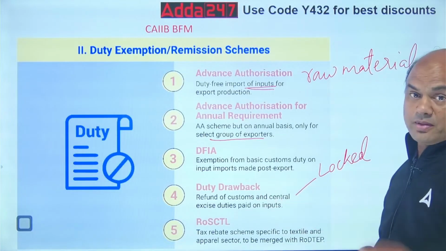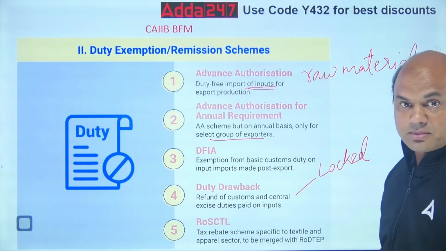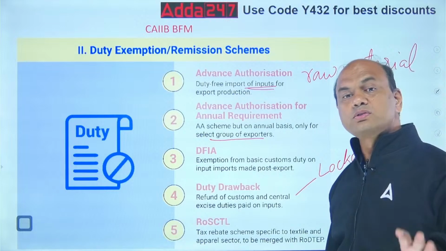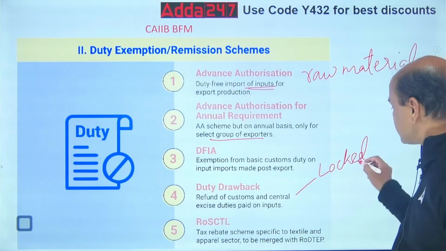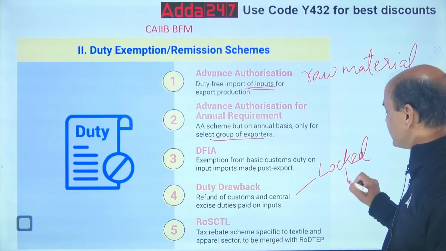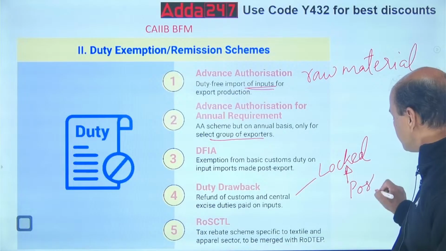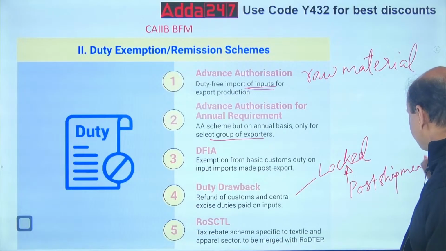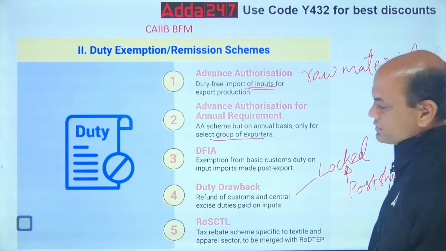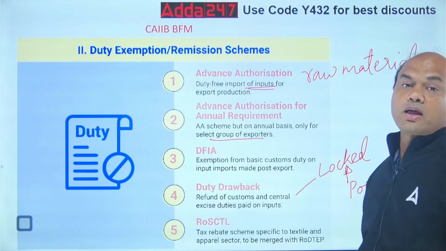The government will give it back later, let's say after 3 months, 4 months. But imagine 200 crores of yours are locked in duty for 3 months. So what will happen? In this case, the bank comes for financing. The bank will do the post shipment finance. So there is a post shipment finance product for duty drawback also. Got it? So that the liquidity of that customer is not hampered.